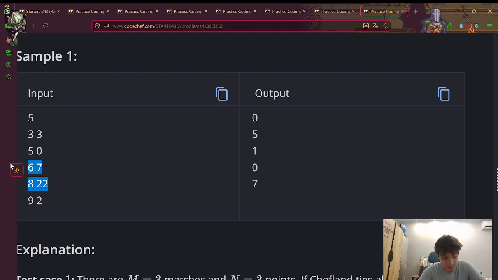The 95 and 9, I didn't get any loss. My idea is if n is greater or equal to m multiplied by 2, then it's going to be certainly 0. So I think I could do this.